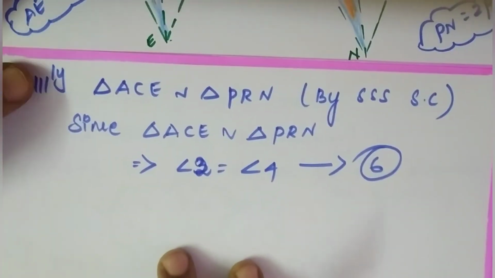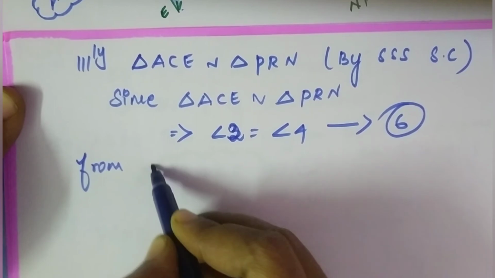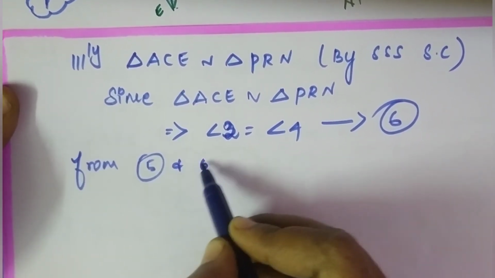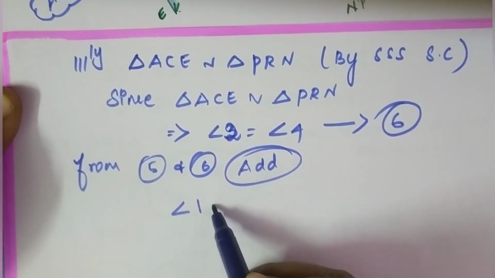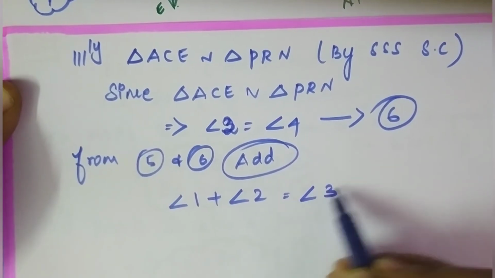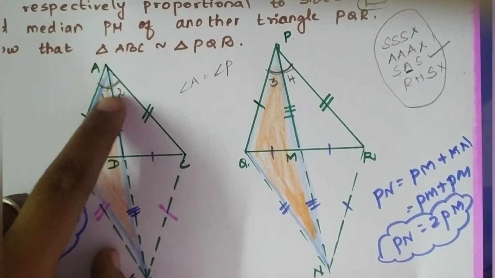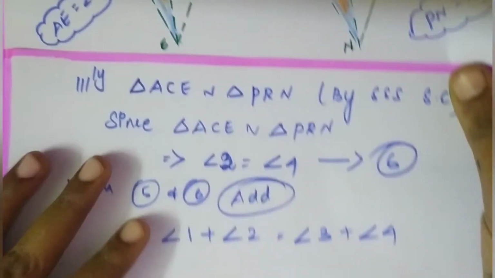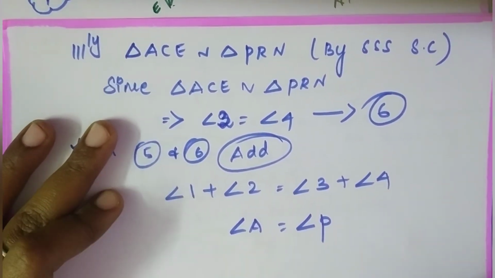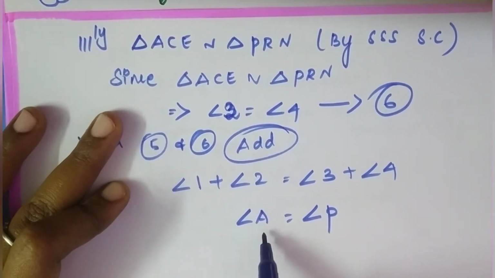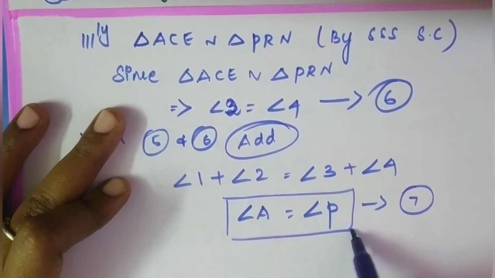So from 5 and 6, I'm going to add, that is angle 1 plus angle 2, angle 3 plus angle 4. Angle 1 plus angle 2 is what? Full angle, that is angle A. And angle 3 plus angle 4 is nothing but angle P. Clear, Kana? Angle A is equal to angle P. So we proved that angle A is equal to angle P.